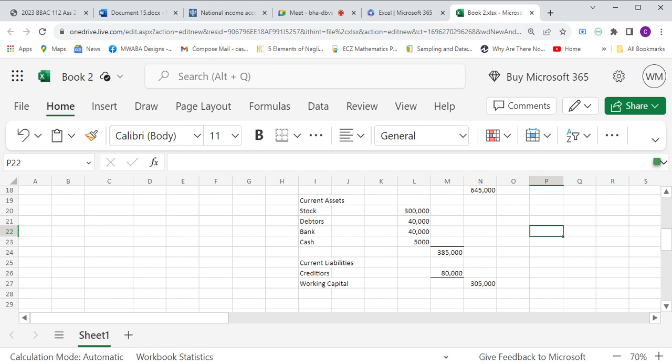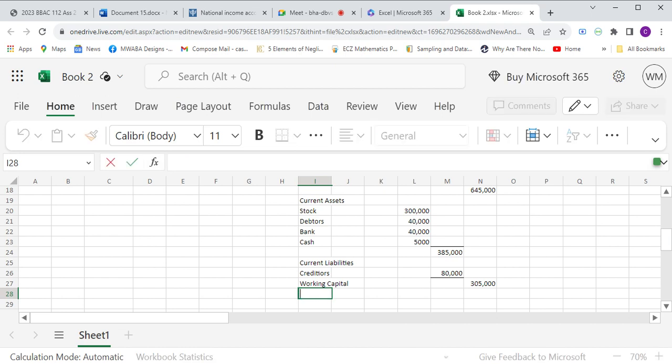So let's calculate our net assets. In other books, you see it written as employment of capital. In other books, you see it as net assets. So we're going to say 645,000 plus 305,000.